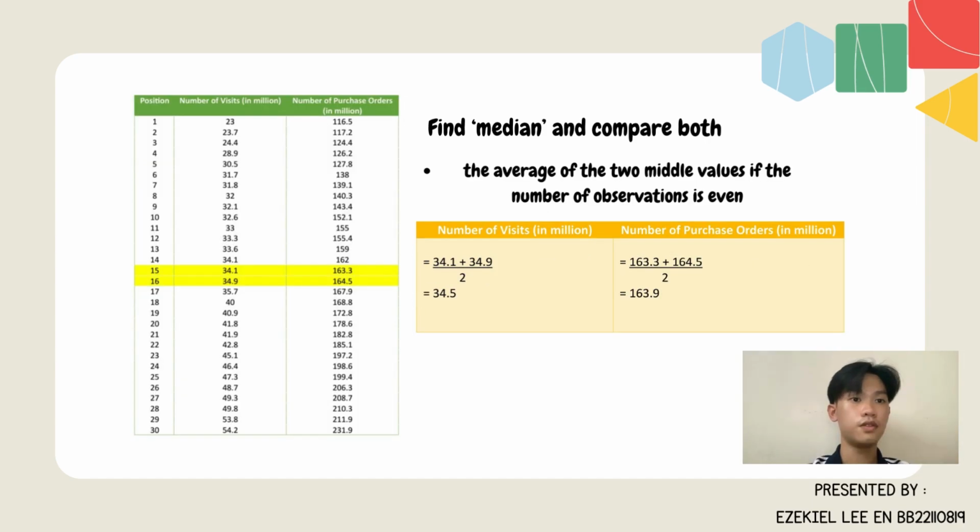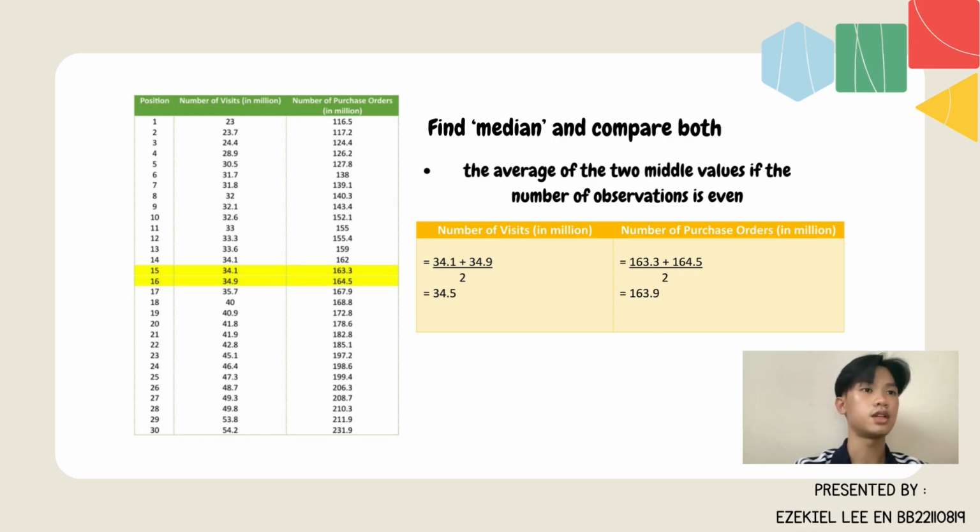166.82 million. To find the median, we have to arrange the data in ascending order, like the table provided. After that, we have to find the average of the two middle values if the number of observations is even.